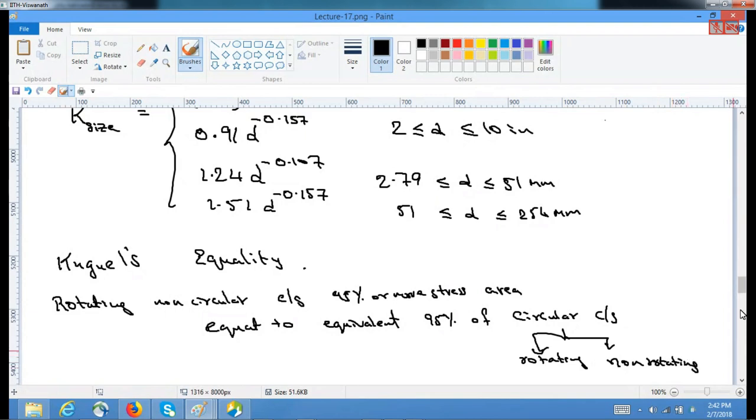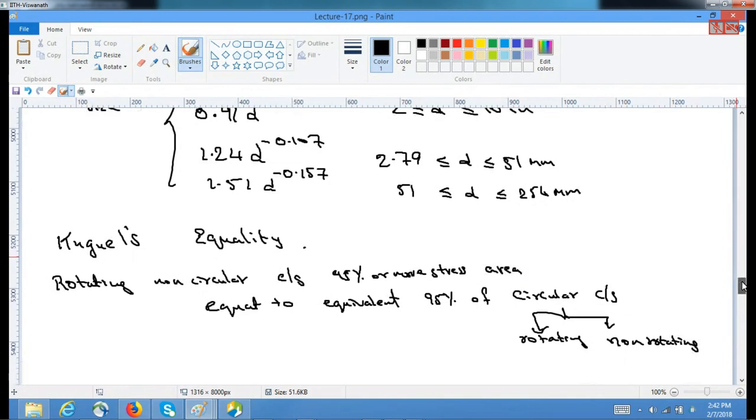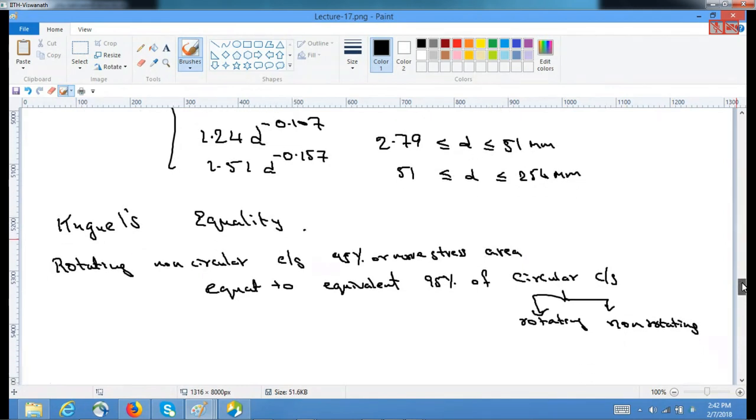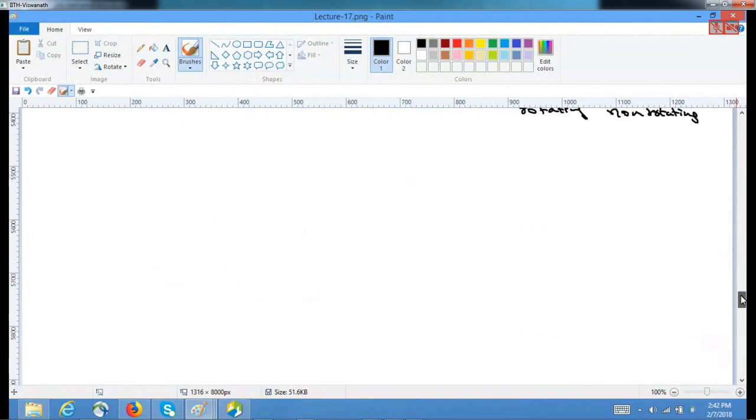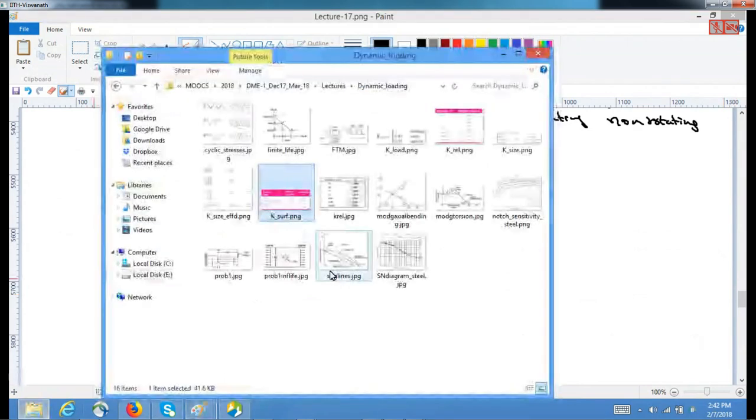So generally we know that rotating components have a higher 95 percentage stressed area compared to non-rotating. So for standard specimens, we will give, for 4 standard specimens, how to convert this using empirical relationships as given here.